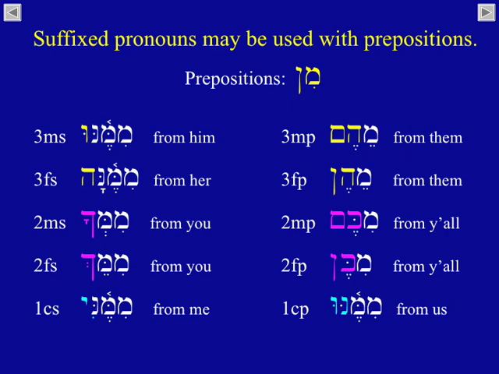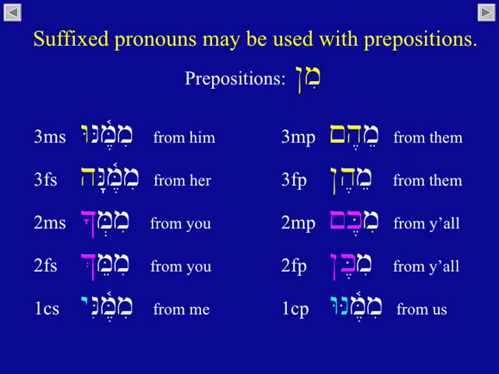Remember the independent pronoun of the third person, hu. Like, hu melech, he is king. Hu tov, he is good. Here, the suffix is hu, but because it's coming after the min, it just sort of back assimilates. The hey sort of back assimilates into the noon, and instead of mimenhu, you get mimenu.